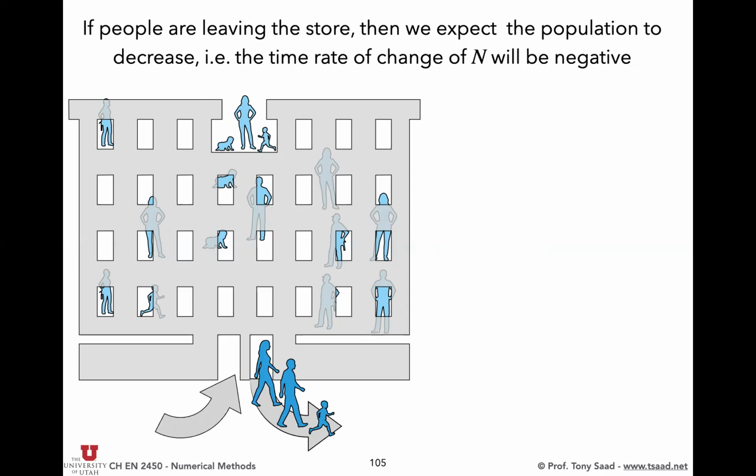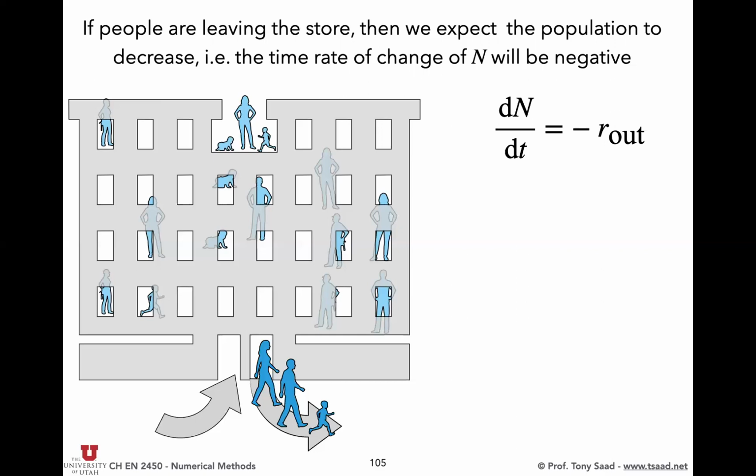In other words, dn/dt, the time rate of change of the number of people in the store, is going to be a negative quantity. And we describe that mathematically as dn/dt = -r, minus some rate of people leaving. That r is a positive number, and the negative sign enforces that this system is draining people. People are leaving the department store, okay?